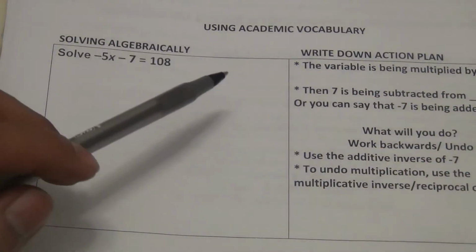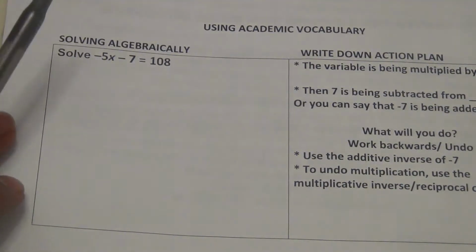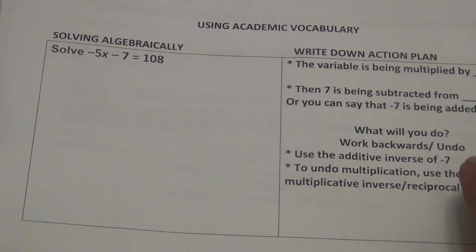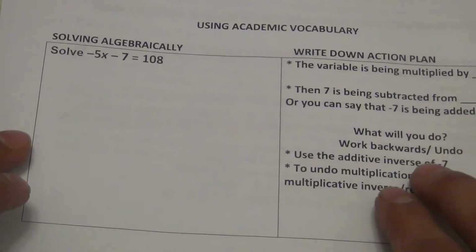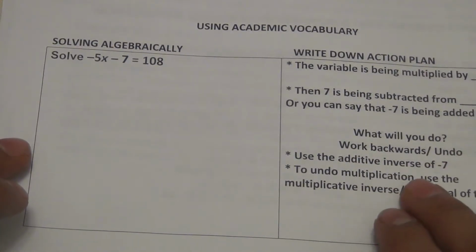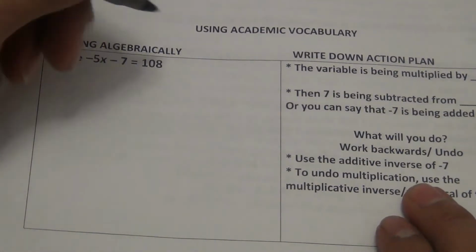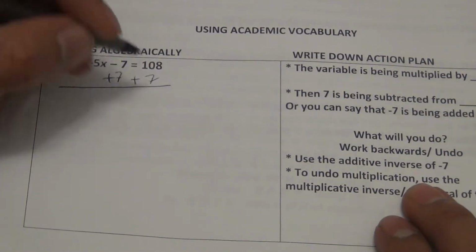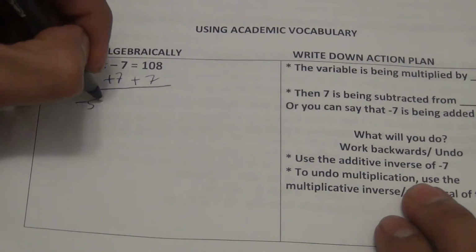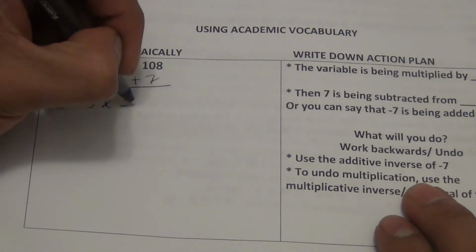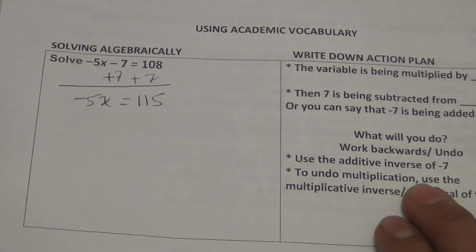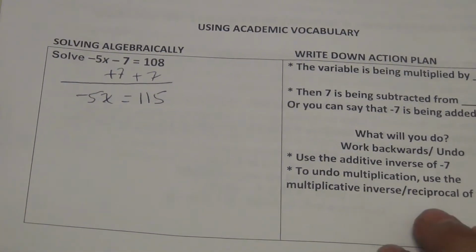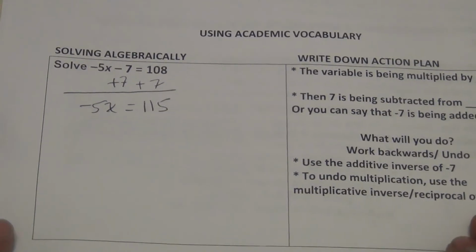So here we are going to use academic vocabulary. It is the same thing, but now what will I do? Well, use the additive inverse of -7. And then it says, use the multiplicative inverse, the reciprocal of the number multiplying the variable.